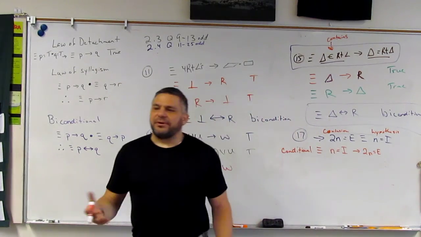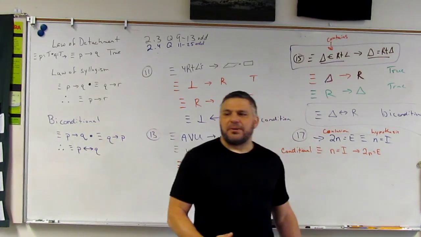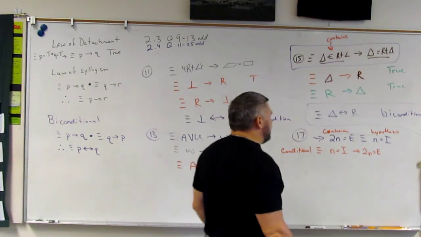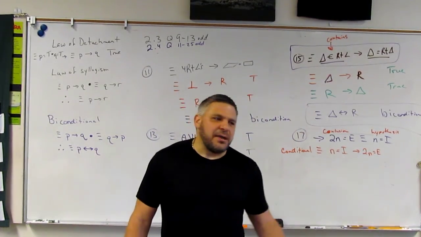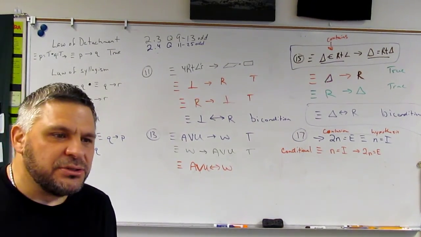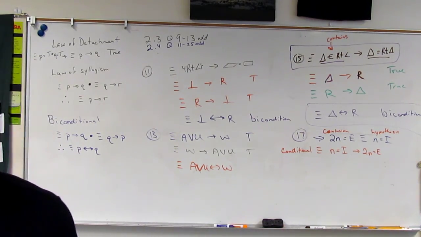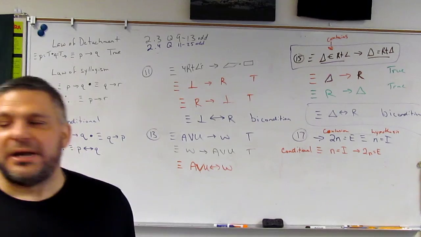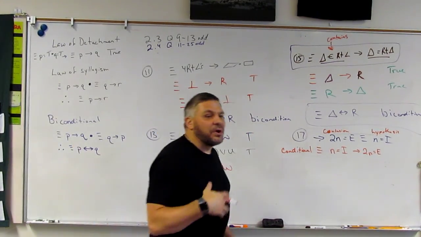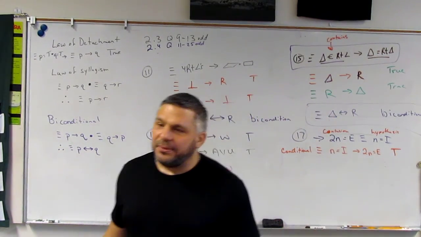It just came out of order, right? So we put our hypothesis and then our conclusion. That's what a conditional statement is. And then we ask, okay, is that true? 2 times any integer is even. So 2 times an odd: 2 times 5 is 10, 2 times 7 is 14. What about 2 times an even? 2 times 6 is 12, 2 times 8 is 16. Does that work? So this is true. So we don't have to give a counterexample.